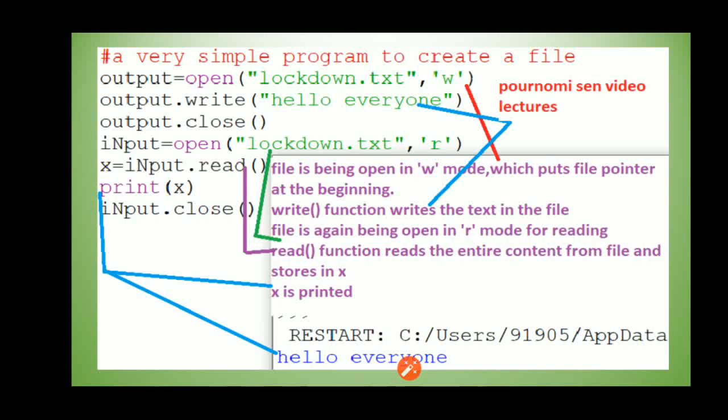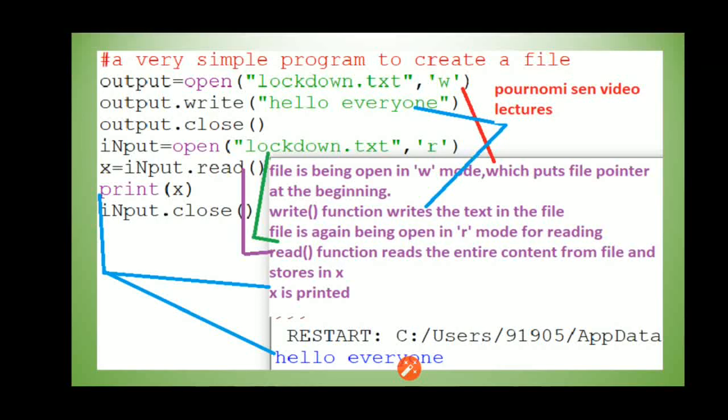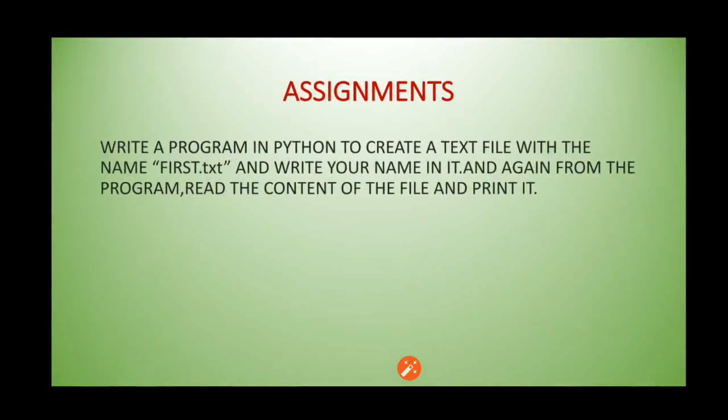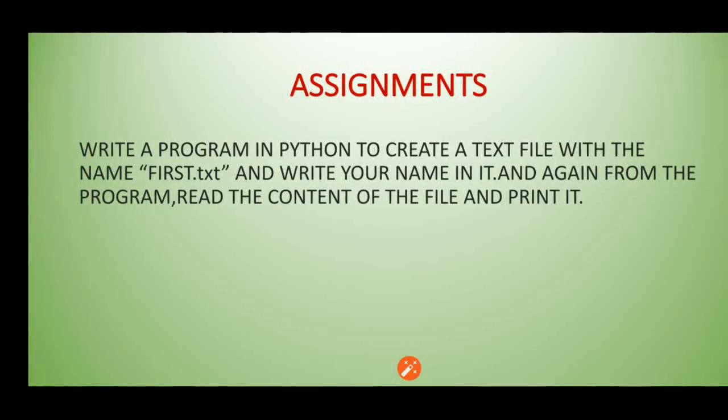I hope this is useful and you have understood. After doing this, one assignment is also there for you. Please do this because I always tell this in class, and you also know that the only way of learning a programming language is by doing programs. So this is the assignment for you.